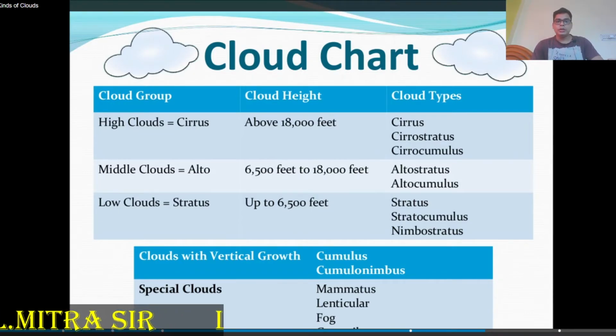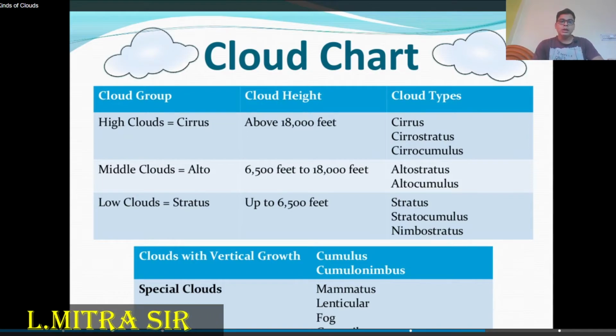On the basis of this chart, the high clouds are the cirrus, above 18,000 feet. There are subtypes: cirrus, cirrostratus and cirrocumulus. Then the middle clouds, the alto clouds, from 6,500 feet to 18,000 feet, are altostratus and altocumulus.